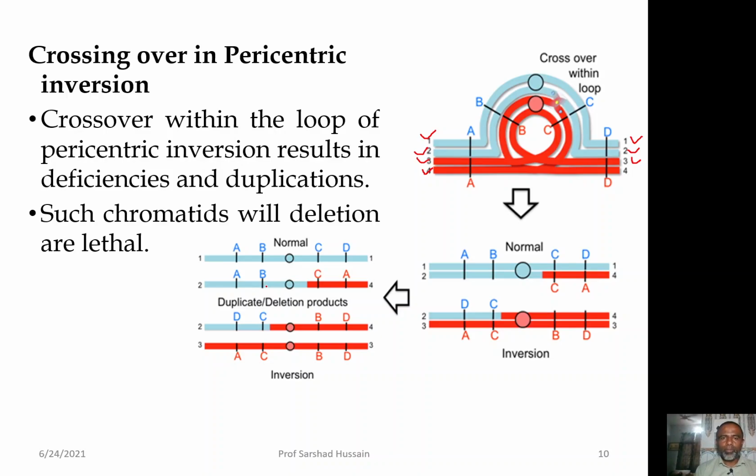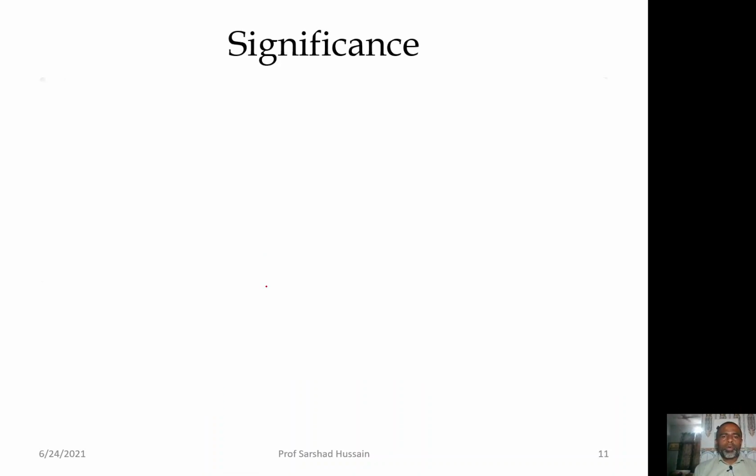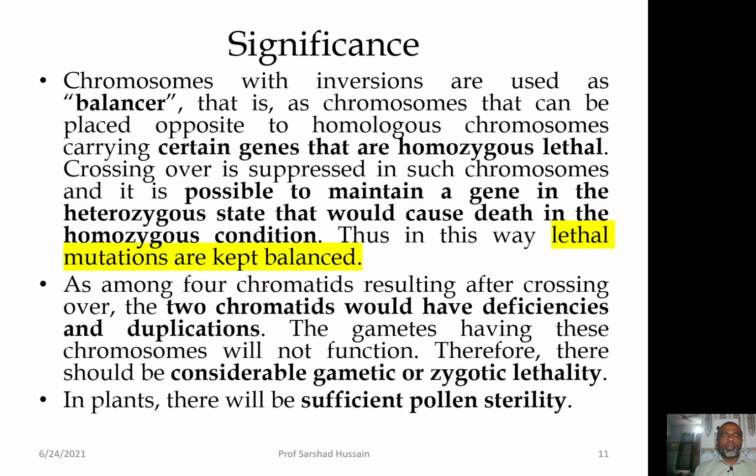Now, coming to the significance, you know that the chromosomes with inversion are used as balancers. That is, a chromosome that can be placed opposite to a homologous chromosome carrying certain genes that are homozygous lethal. Homozygous lethal means when a pair of chromosomes is having the same type of genes.